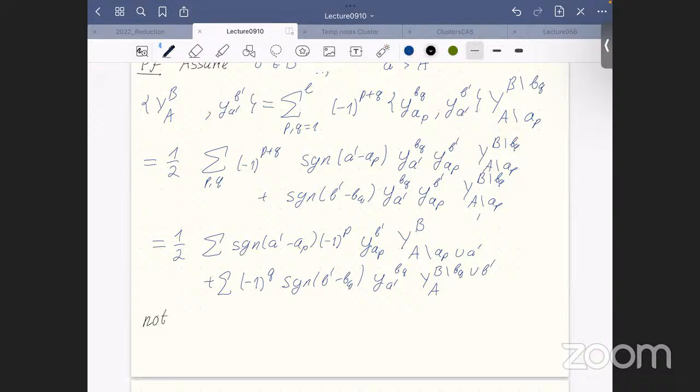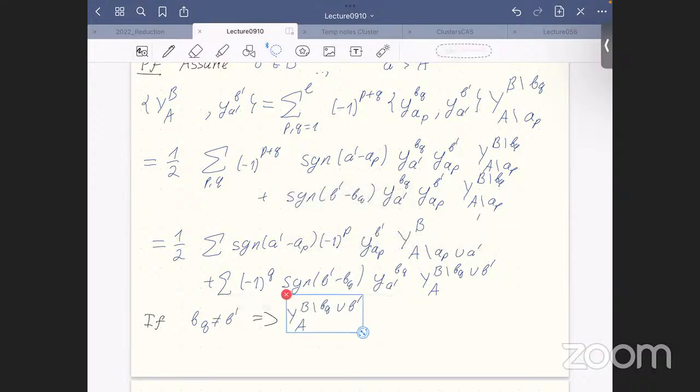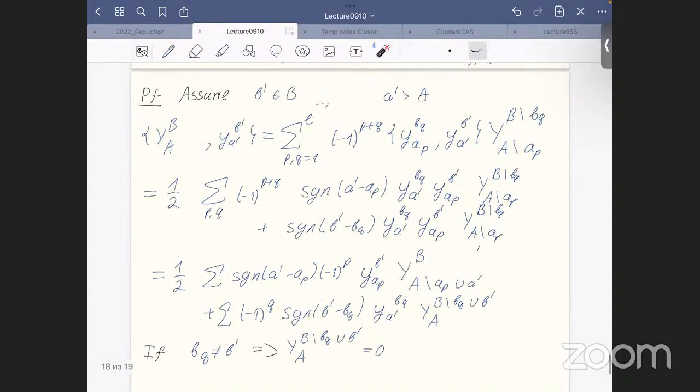Now note that if BQ is not equal to B prime, then this minor is equal to 0, since it contains two columns of the same number.